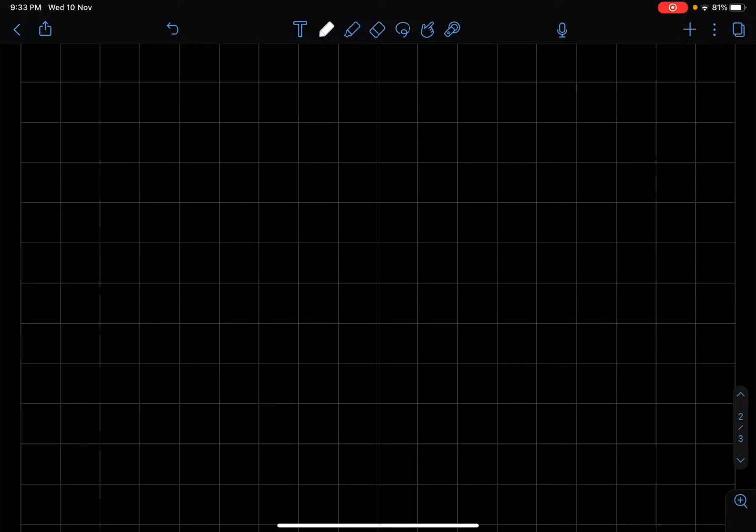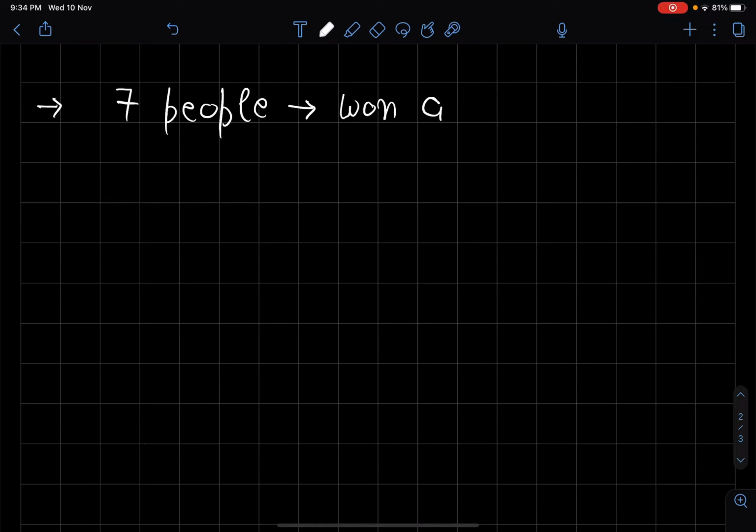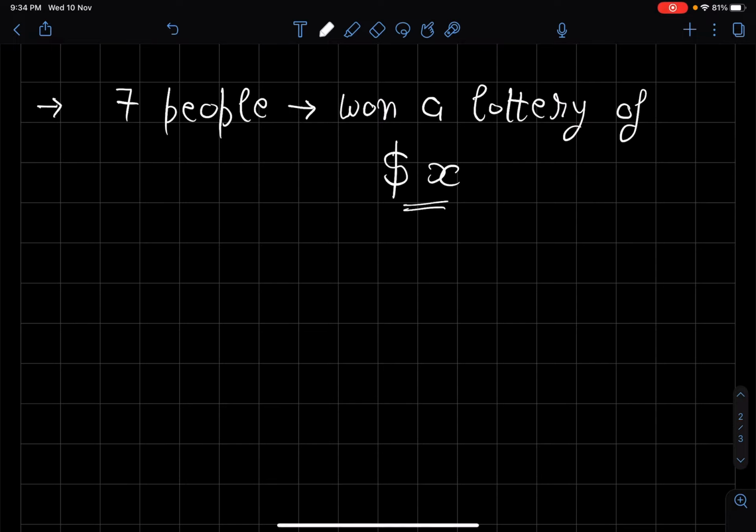Let's say I have a question: there were 7 people who won a lottery of $X. So this was the lottery amount, X dollars, right?